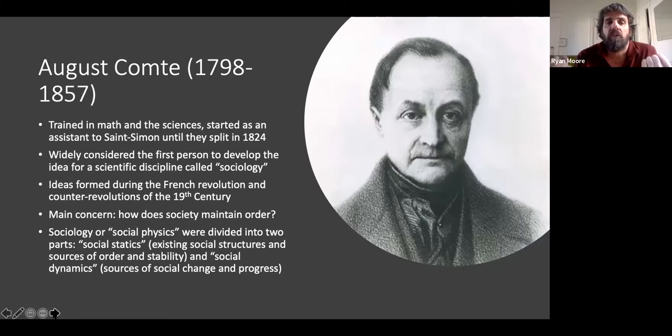Again, Comte's ideas formed during the aftermath of the French Revolution, so like 30 or 40 years after the revolution had begun, but still a very turbulent, very violent period, in which power had changed hands multiple times.